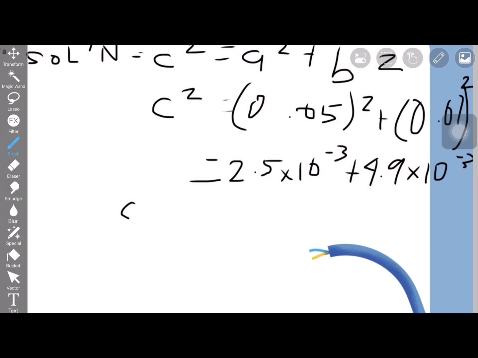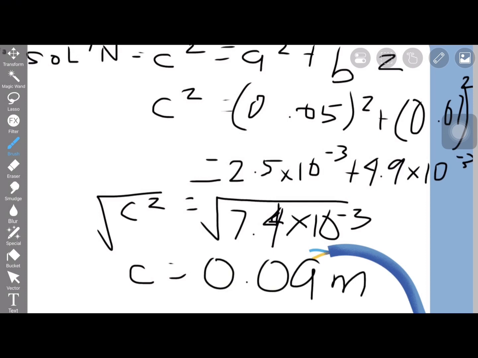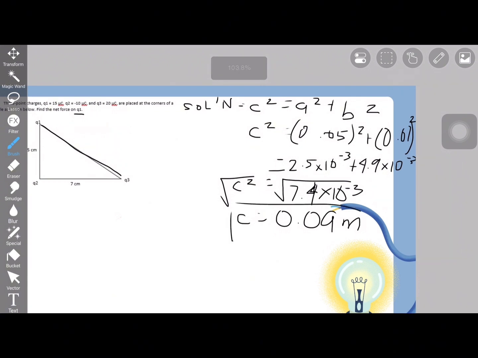So c squared is equal to 7.4 times 10 to the negative 3. So just square root both sides in order to get our c, which is 0.09 meters. So this is our c.